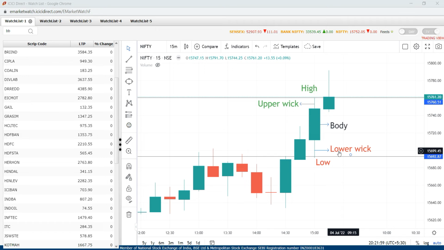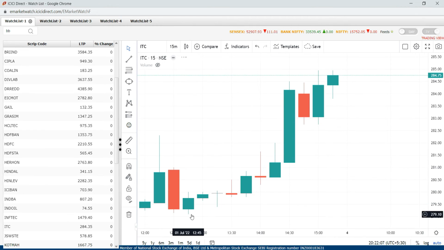So let's understand how the candles are formed, green or red. Let me take an example of ITC. Say this particular candle. As I said, when you're analyzing a candle, it has four important components: open, high, low and close.